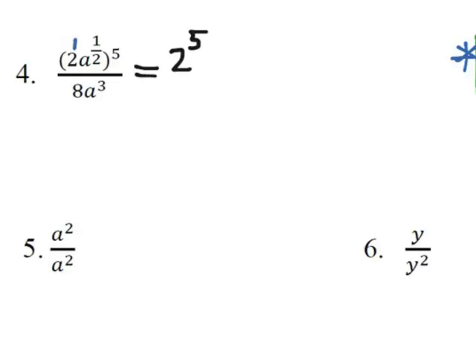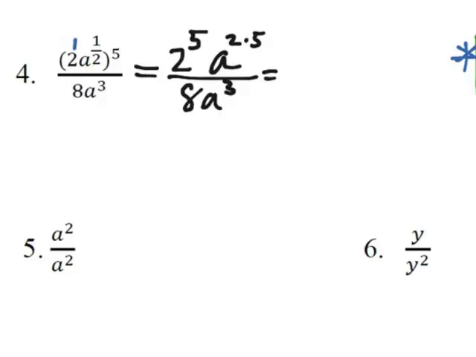That would be incorrect, but that's a very common error that people make. A to the power of a half raised to the power of 5. A half of 5 is 2.5, or if you like, 5 halves is 2.5, or 5 over 2, whichever you prefer, all divided by 8a cubed.